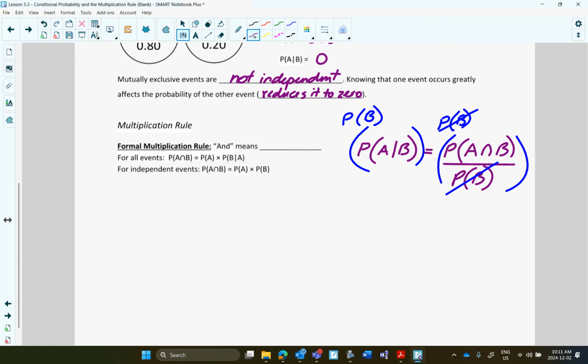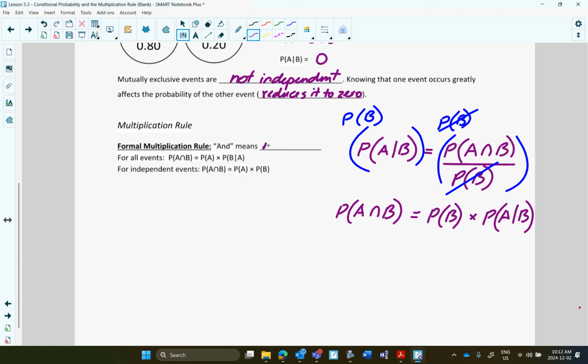So therefore, to find the probability of both events happening, we take the probability of one of the events multiplied by the probability of the other event, given that the first event has happened. So that's how I went from here to here.